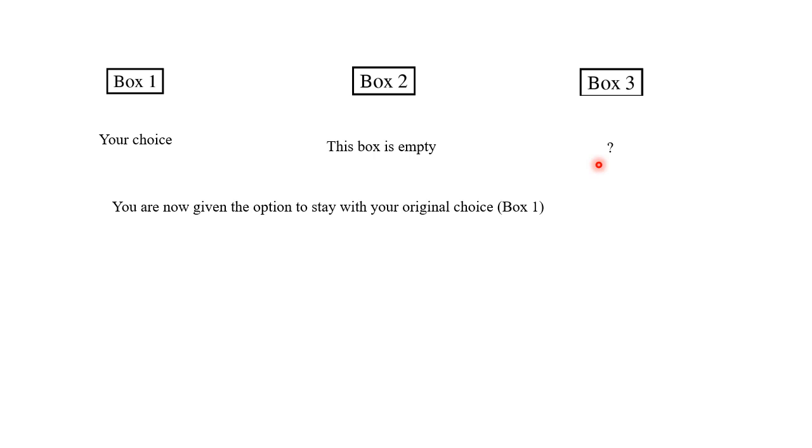What do you do now? The objective is to optimize the probability of getting the prize. So you're presented with the choice, stay or switch. Which is the strategy which will produce the greatest probability of getting the prize?